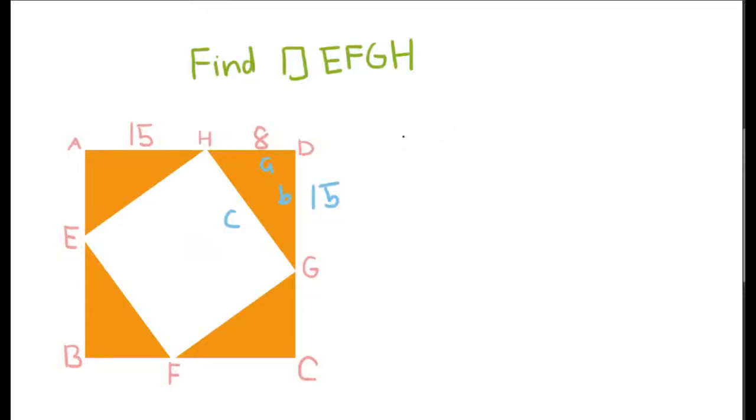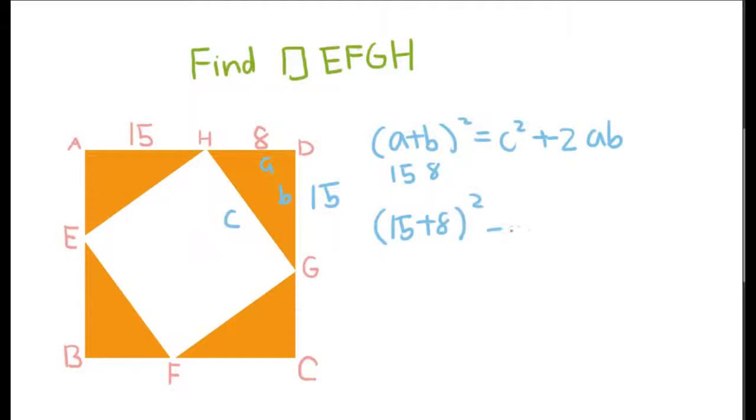So the proof of the Pythagorean theorem would say that a plus b squared equals c squared plus 2ab, I'm sorry, 2ab. We know a and b, which are 15 and 8, so this would be 15 plus 8 squared minus 2, if you put this onto the other side, like this, minus 2 times 15 times 8.